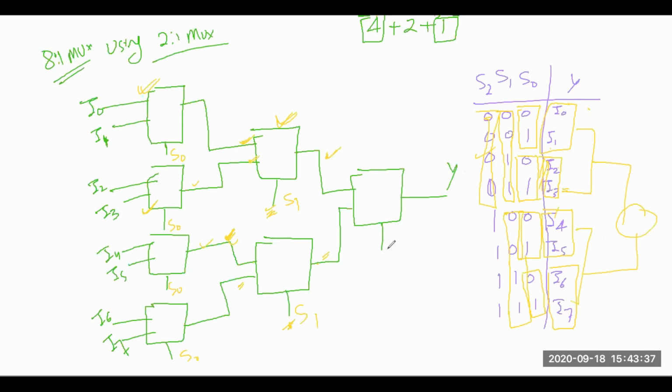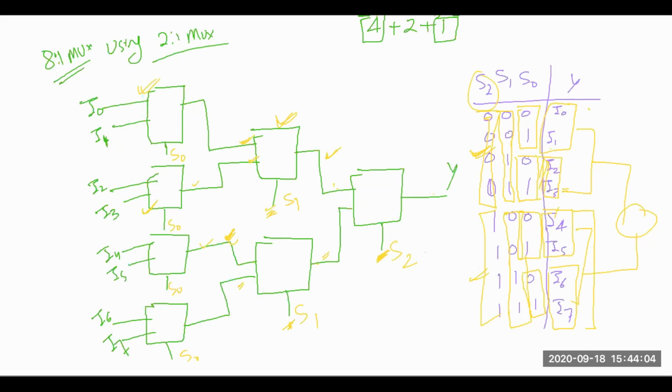If you are selecting the upper input and it is connected with the output, then this select line value needs to be 0, and here you can see that it is 0. And if you are selecting the lower portion, the select line needs to be 1. That's why this select line is S2.